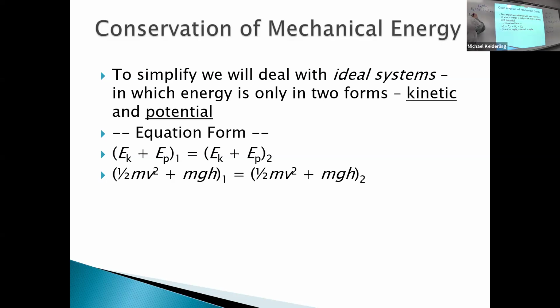So this is 1/2 mv1 squared plus mgh1 equals 1/2 mv2 squared plus mgh2. And this lets you solve problems without having to go into the details of like acceleration and stuff like that. You can just solve problems with energy.